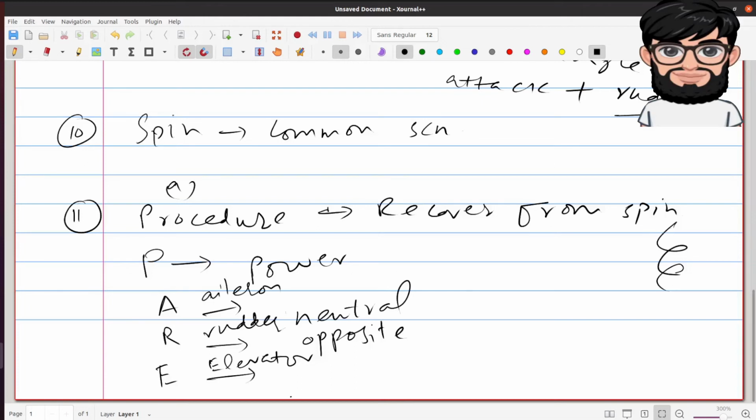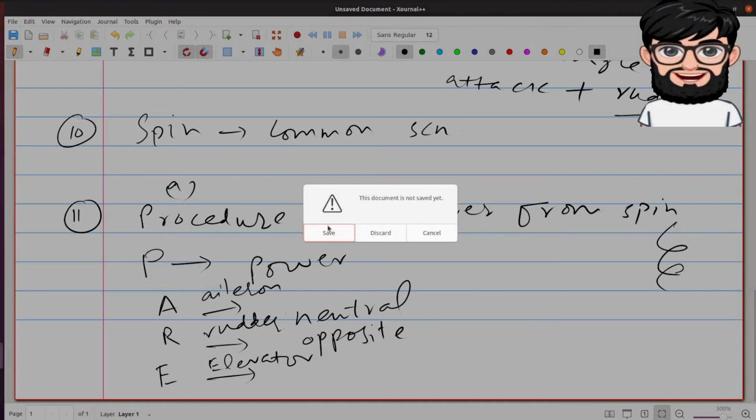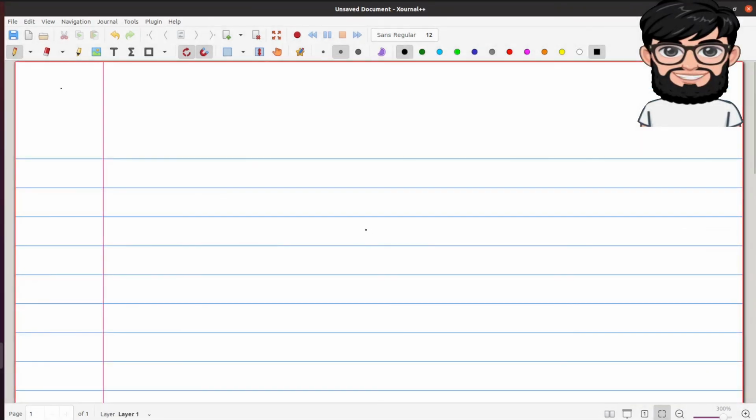Power is going to be idle, ailerons are going to be neutral, and you have to press the rudder to its full extent in the opposite direction, and for the elevator you have to apply positive forward of neutral movement.